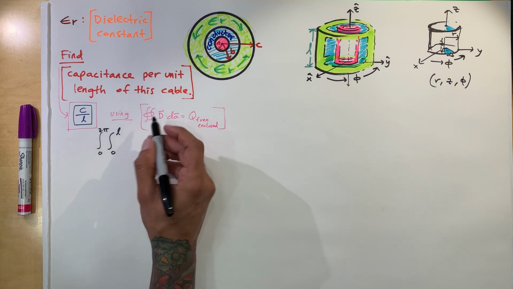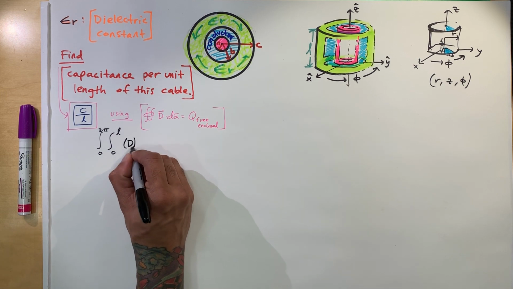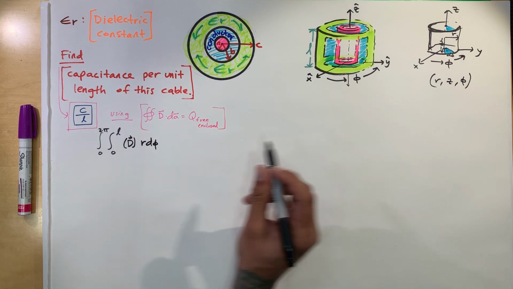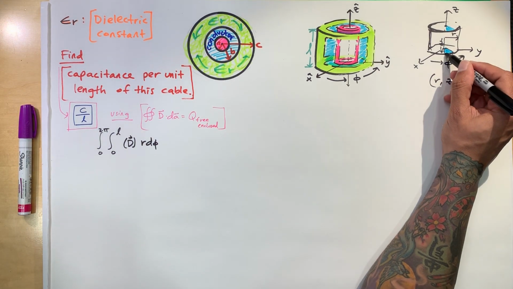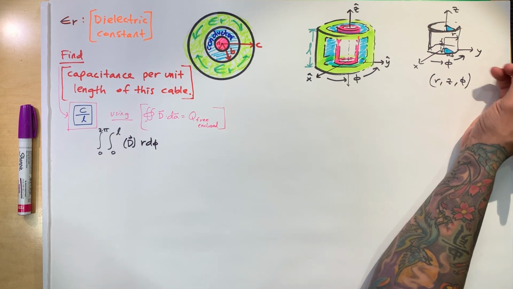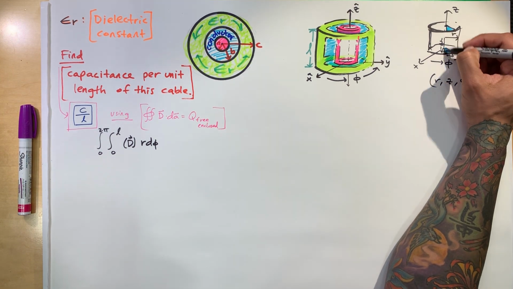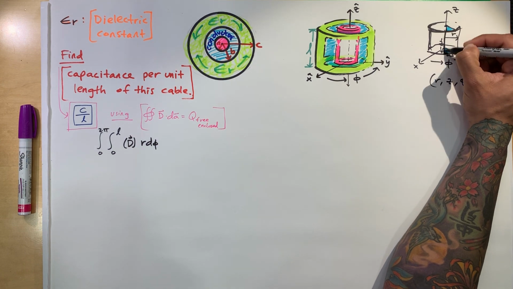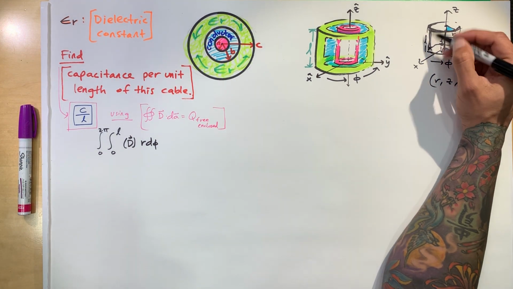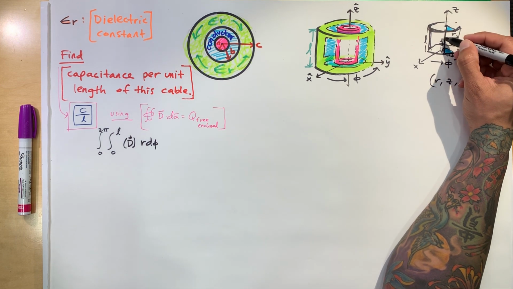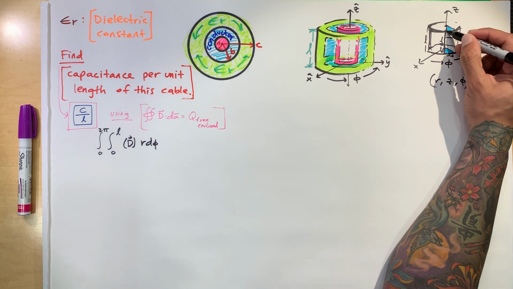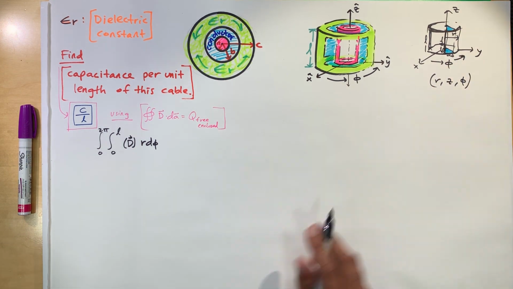I'm going to leave the d as is. So r d phi is this arc length here. And then I want a certain length, and the whole cable has length L. So in the Z direction, we want a certain length of these arcs.